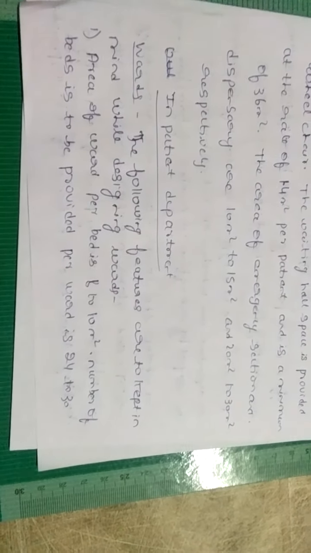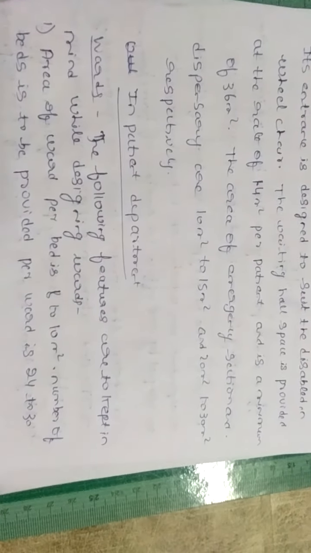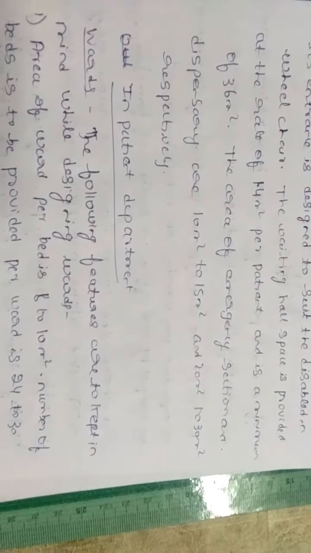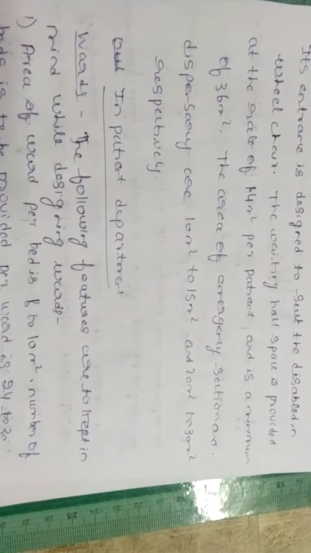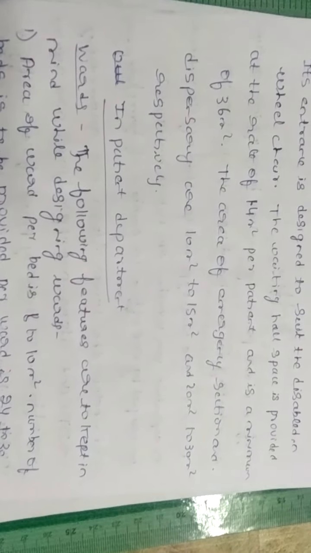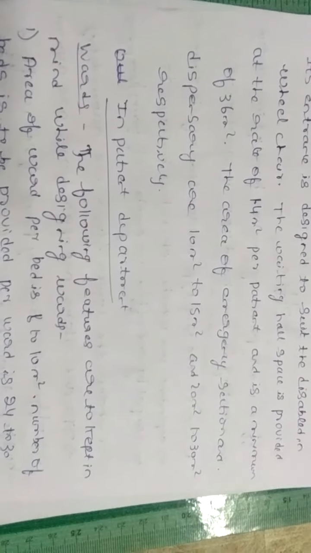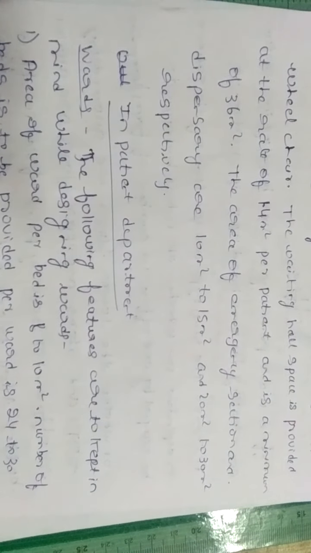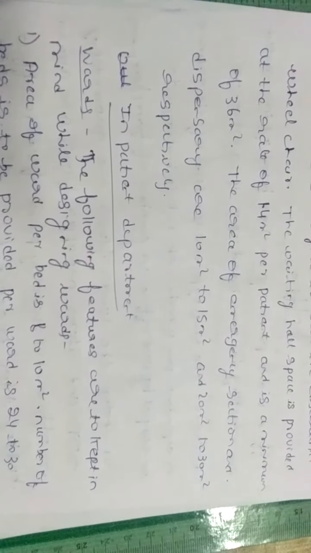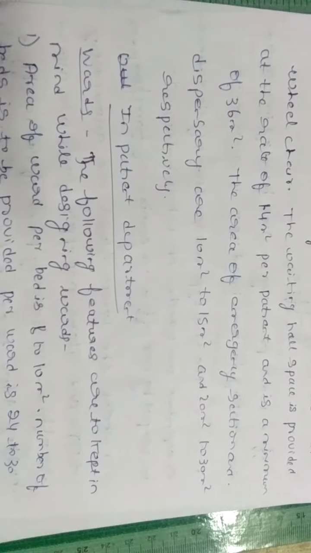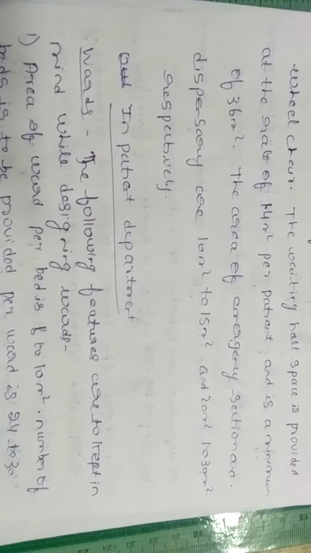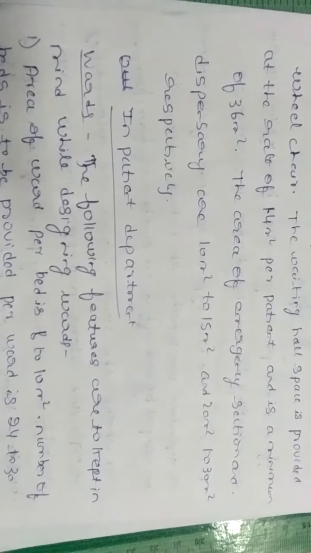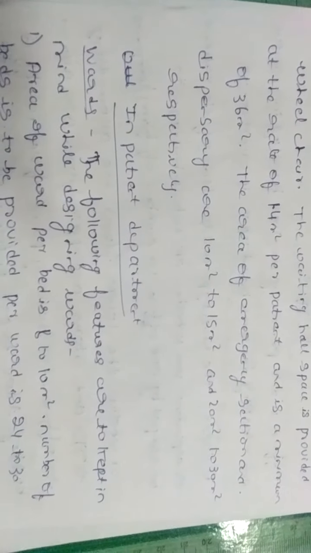Inpatient department means mainly the wards and the rooms connected with the wards, the nurse waiting rooms, the operation theaters, etc. When we consider a ward, the area for a bed should be 8 to 10 meter square. That is the bed area where the patient is going to rest, along with some area at the sides of the bed for keeping the saline bottle stand and drawers for medicines, injections and all.